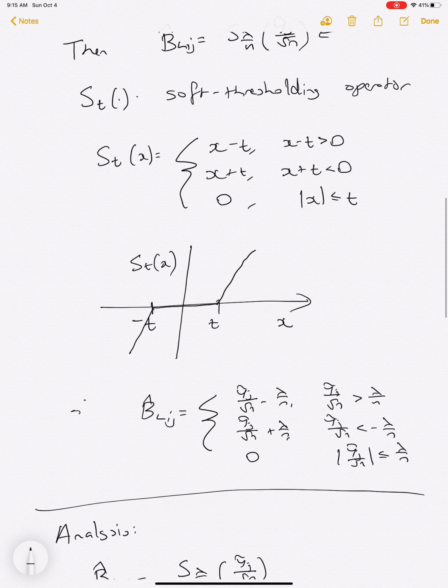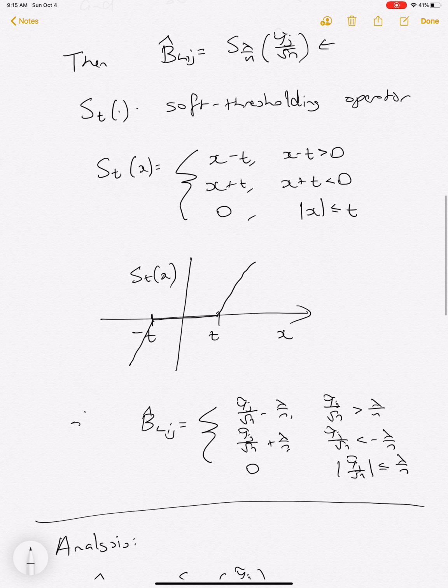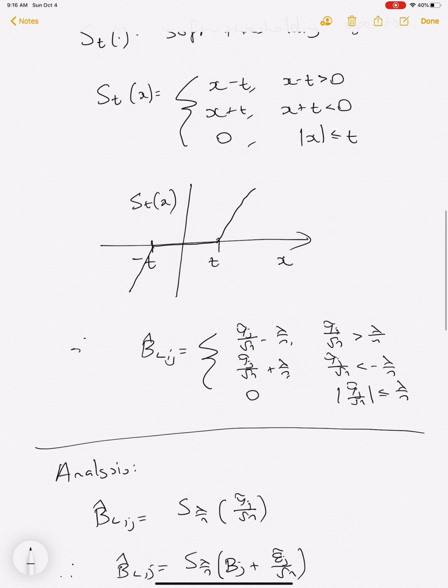This soft thresholding operator is very critical for the lasso and is the basis of a lot of algorithms that are used. In this case, we can re-express beta hat Lj in this form. This is exactly what the soft thresholding is doing. If the absolute value of y tilde j is bigger than lambda over square root of n, then we get something that's non-zero. Otherwise, we shrink it to 0.